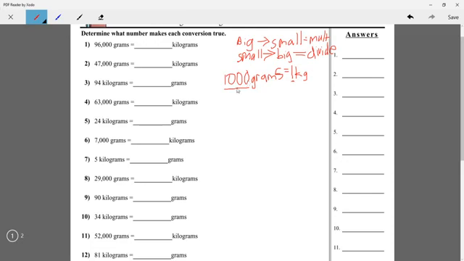Obviously 1,000 is bigger, but if 1,000 grams are in 1 kilogram, then a kilogram is 1,000 times the size of a gram, right? So a ton is 2,000 pounds. So what's bigger, a pound or a ton? Obviously a ton is, right? So this is the same thing.